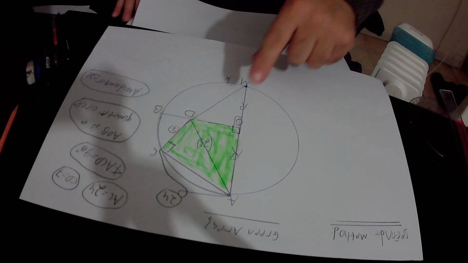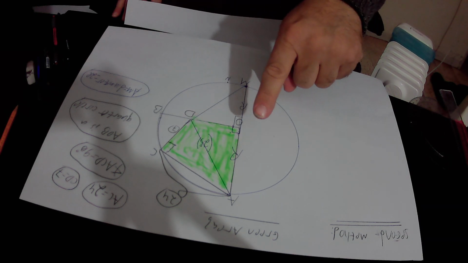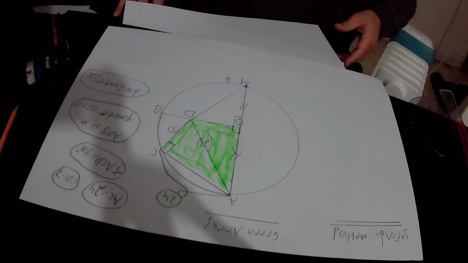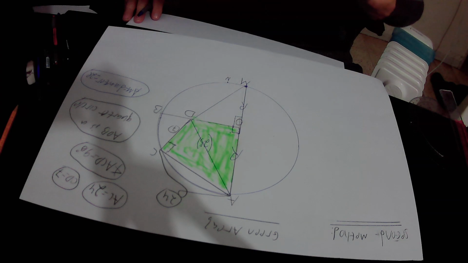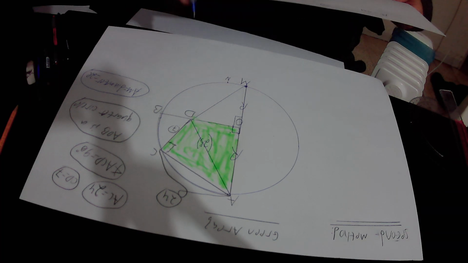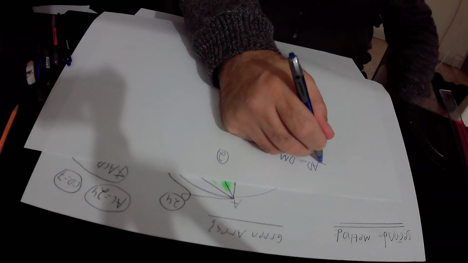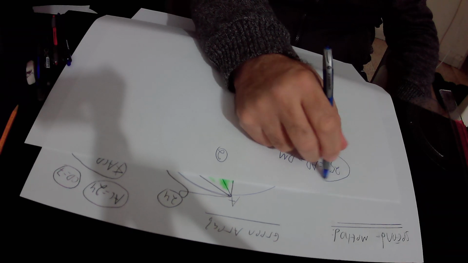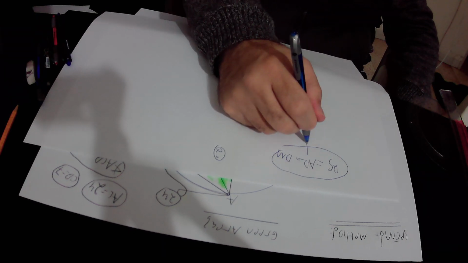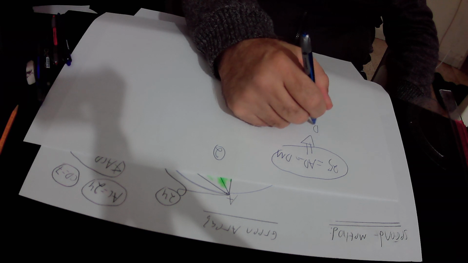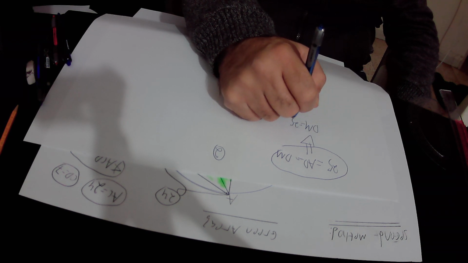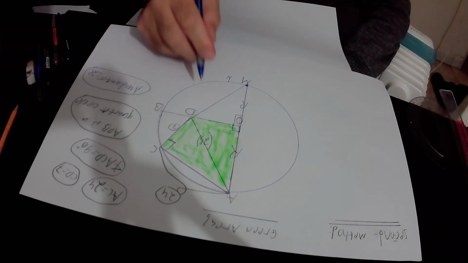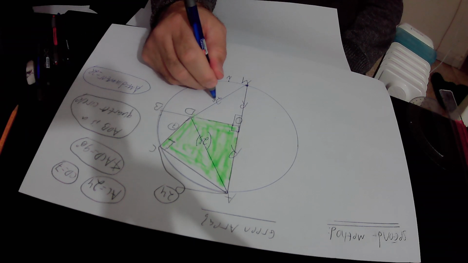But AD equals 25, so from the equation 25 equals AD equals DM, we derive that DM is also equal to 25 units in length.